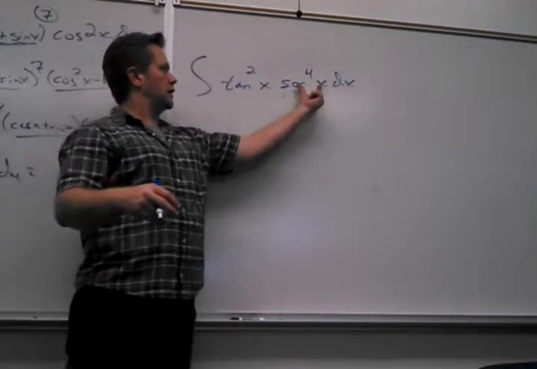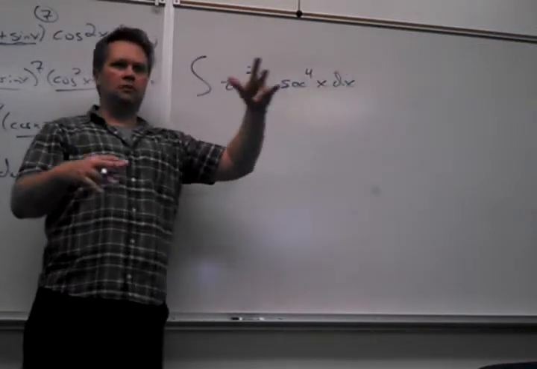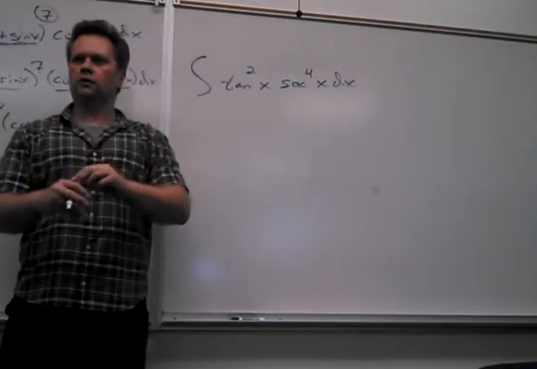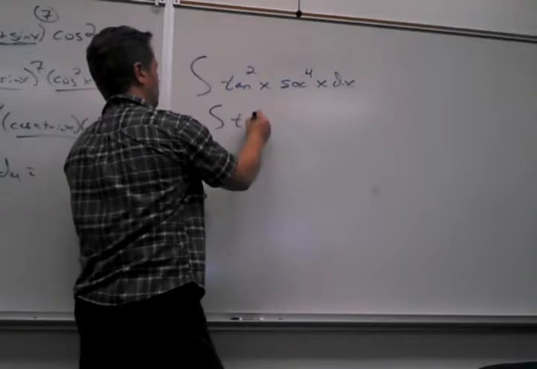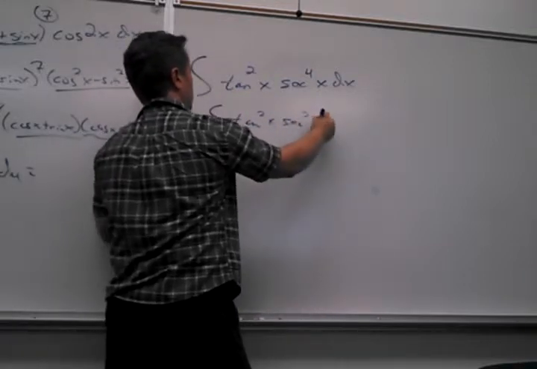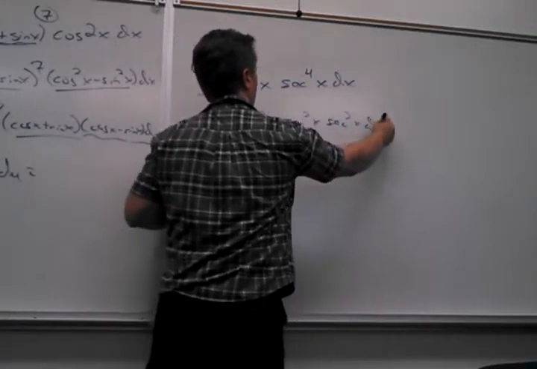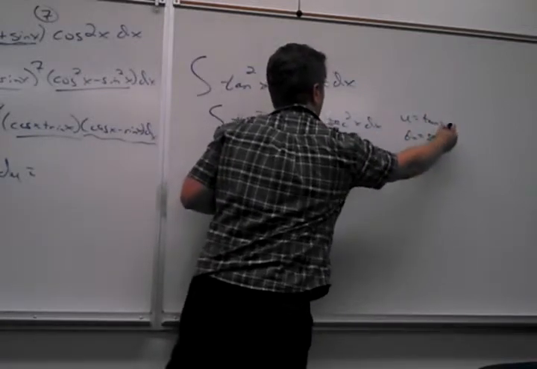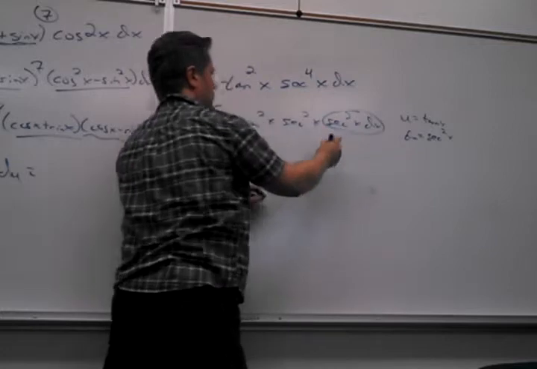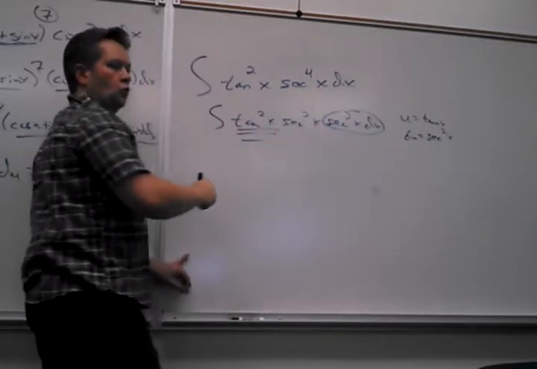If I have two secants that can come over here with a dx, that would be du, so what would u be? Tangent. Right? So if I rewrite this as tan squared, secant squared, let u equal tangent, du is secant squared. So this is du, this is u squared.